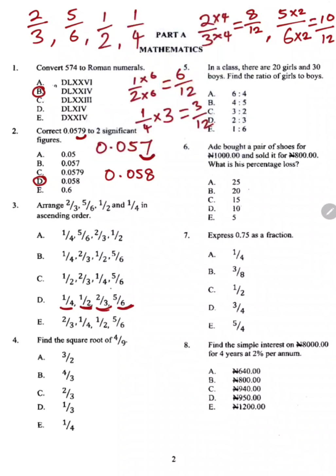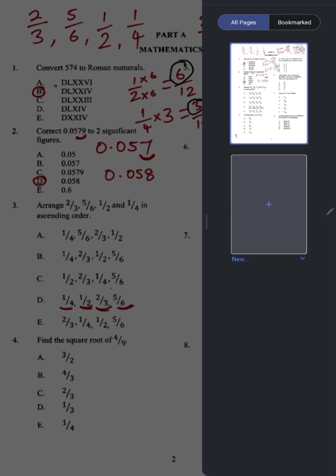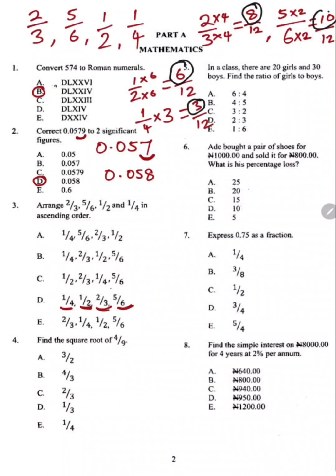So here we have 3 as the smallest, followed by 6, and now followed by 8, and finally by 10. Can you see? Don't worry about this, it's always causing some problems for me.